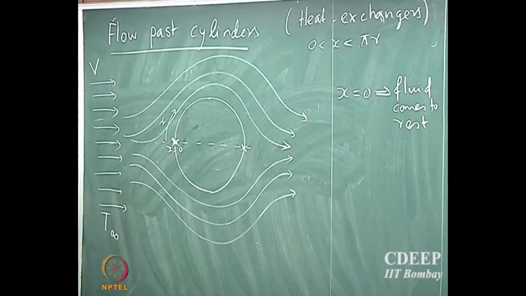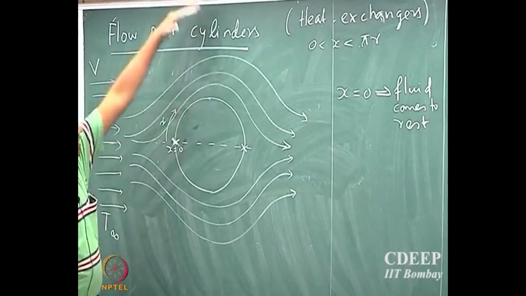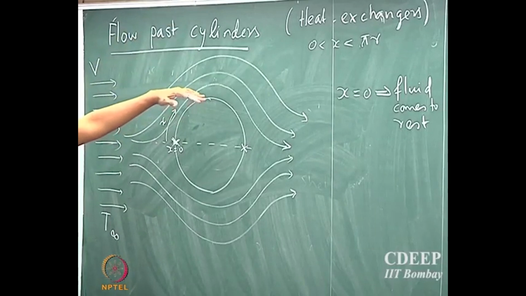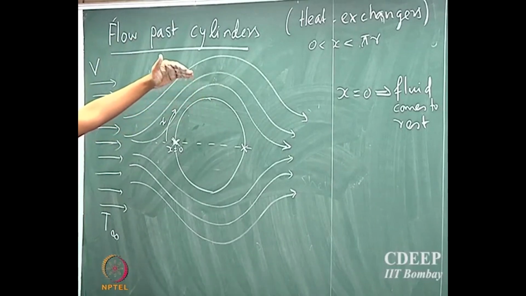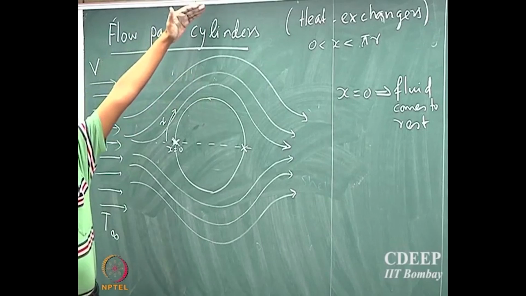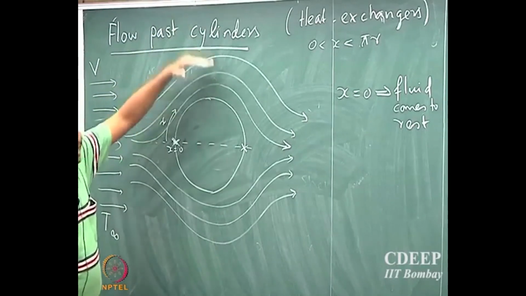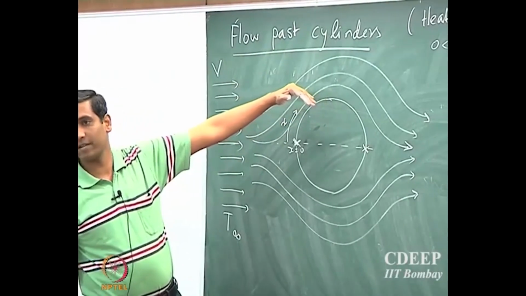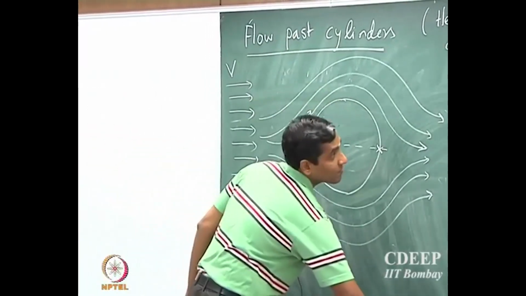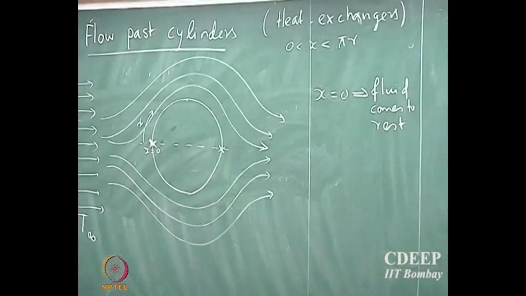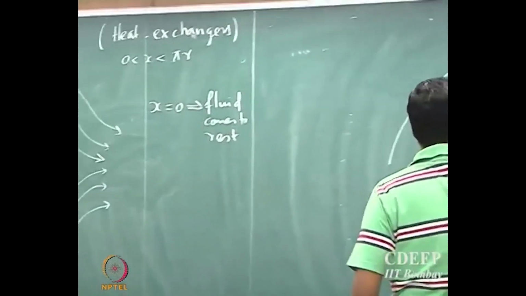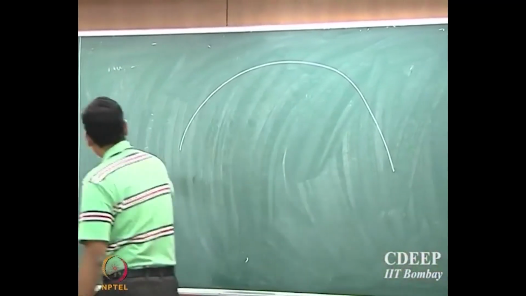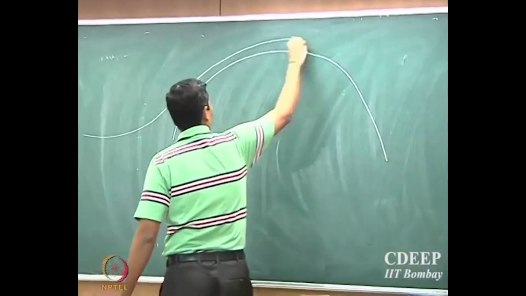Okay. Now, if you look at the fluid which is flowing well past this cylinder, okay, they are not in direct contact with the cylinder at all. The only way it feels the presence of the cylinder is because of the deceleration that the fluid experiences because of the presence of the cylinder far away. Okay. So now, suppose I zoom up the upper half of the cylinder, okay, and we have fluid which is flowing past this upper half.